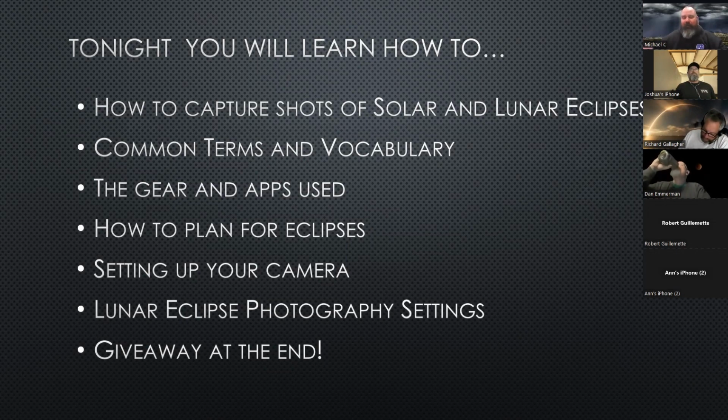Half the time they were talking about what happens during a total eclipse, which is what we're having, versus the annular eclipse. So we're going to make sure you know the right terms. Talk about some gear and some apps that you can use, how to plan for the eclipse, setting up your camera. We'll go over the lunar eclipse.